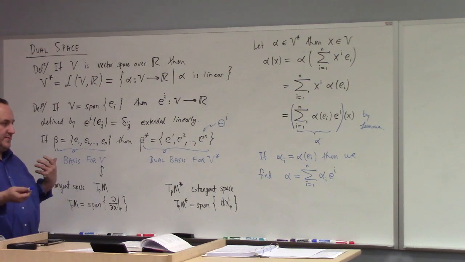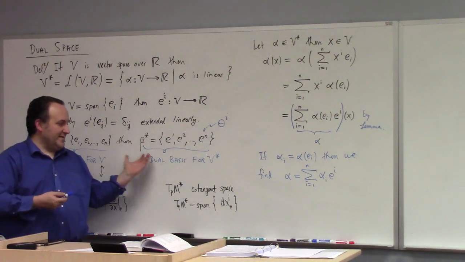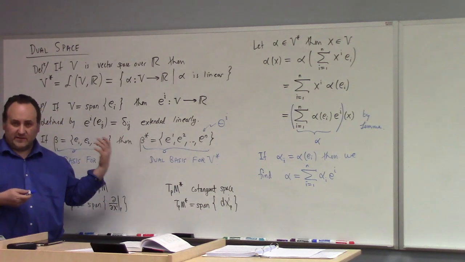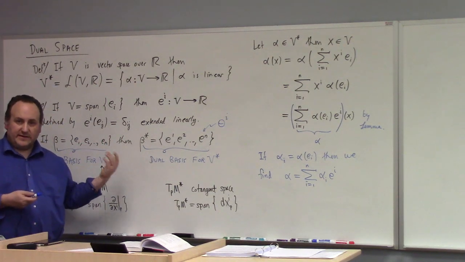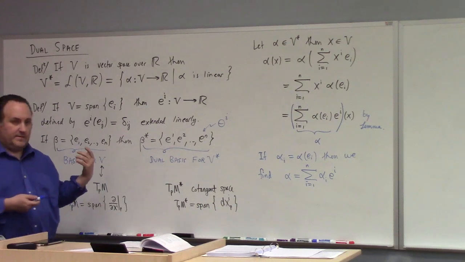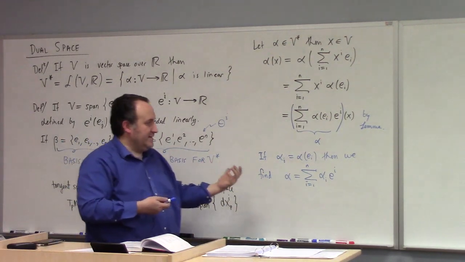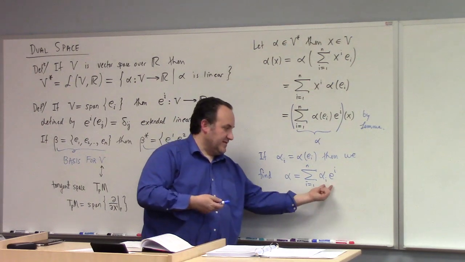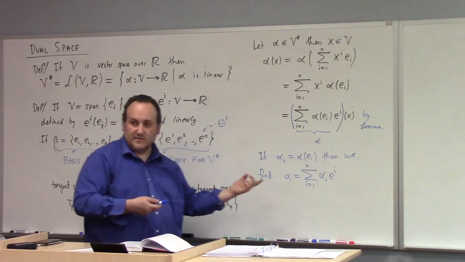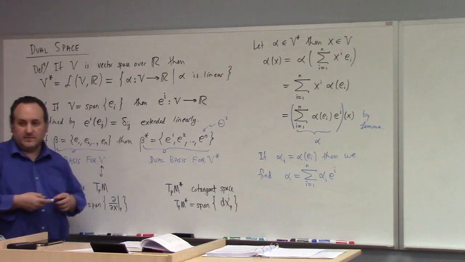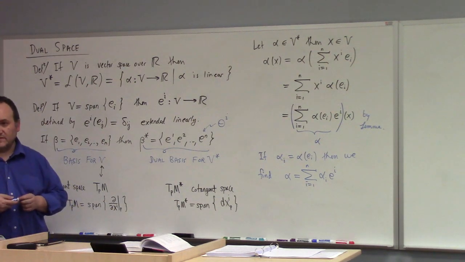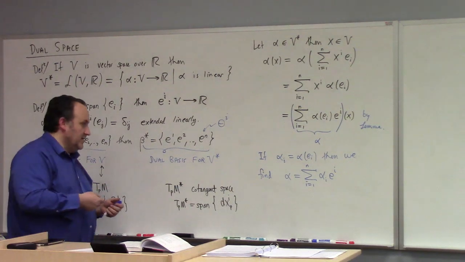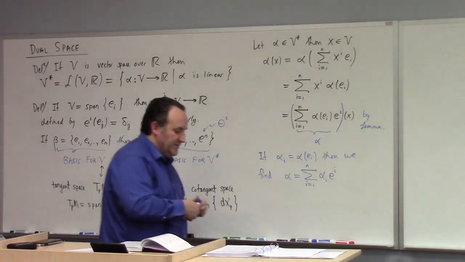I claimed that this is a dual basis, which means it's a spanning set, and it's also linearly independent. This shows that it is in fact a spanning set, because we can build any covector as a linear combination of the dual basis. Linear independence is pretty easy to prove. We could prove that next if you want. I should do the lemma first, though. Lemma is important.